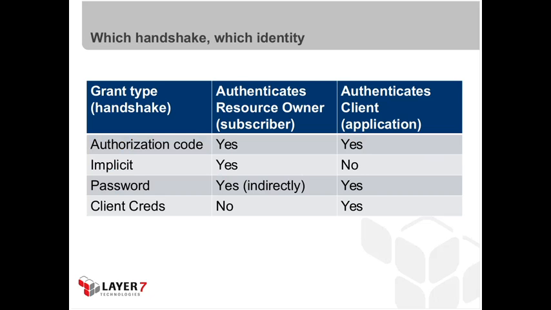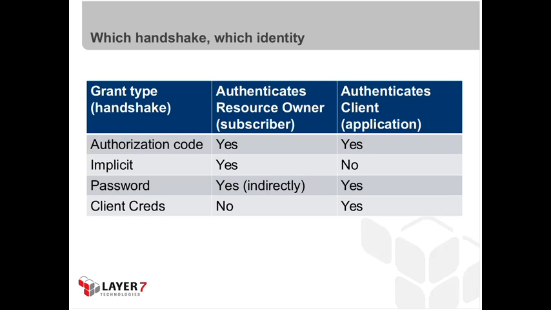So, as I mentioned in my previous slide, only in certain grant types is the resource owner or the subscriber authenticated. Remember that in OAuth, there are potentially two identities that are authenticated. One is the resource owner, and the other is the client. And so here I illustrate which grant types authenticate which identities for reference. For some APIs, it makes sense to support multiple grant types.